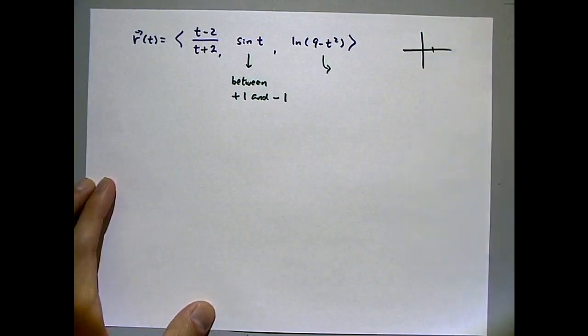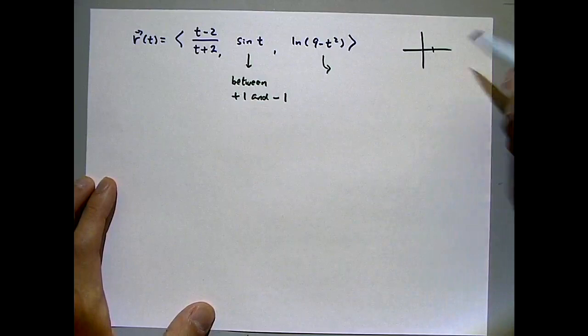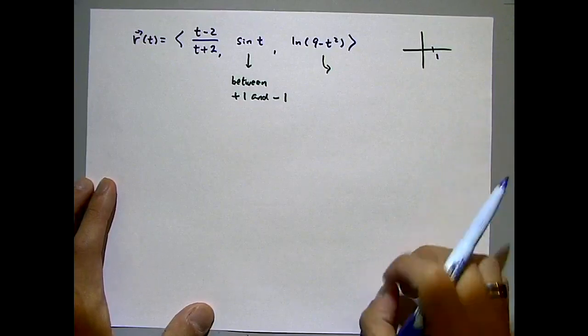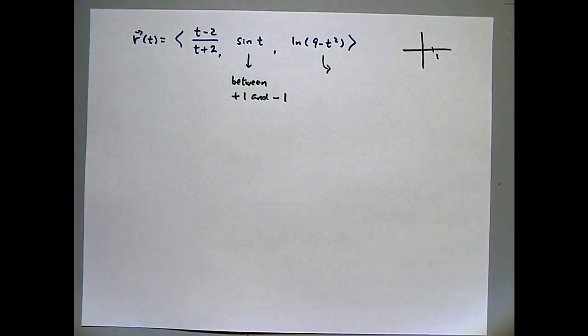What's the x-intercept of the natural log graph? 1, okay? What happens to the left of 1? We need to know this, people. Come on. It does exist. Yes, what do you think?